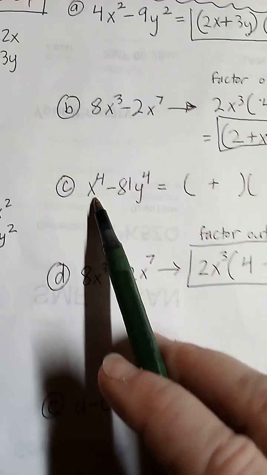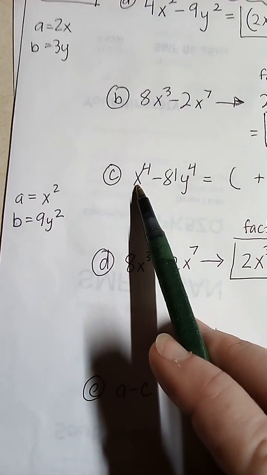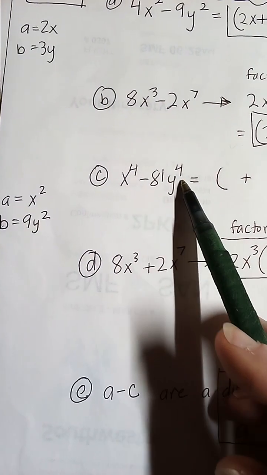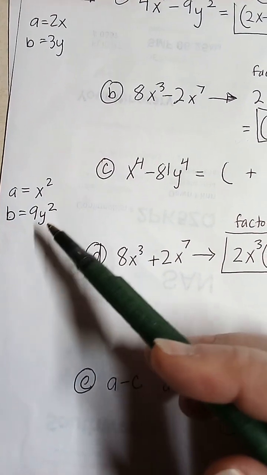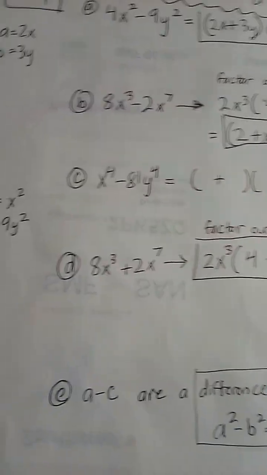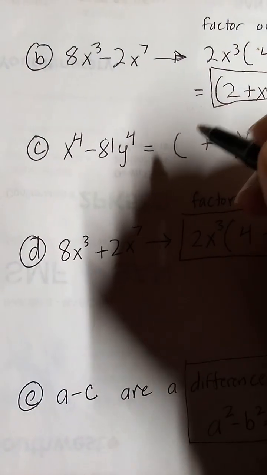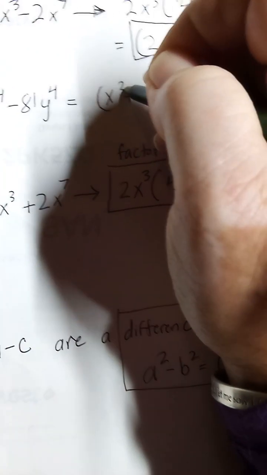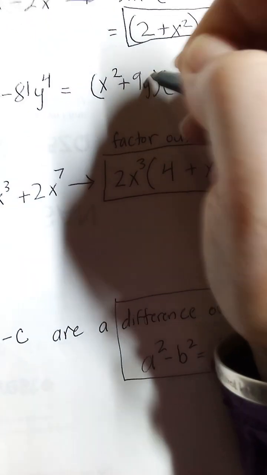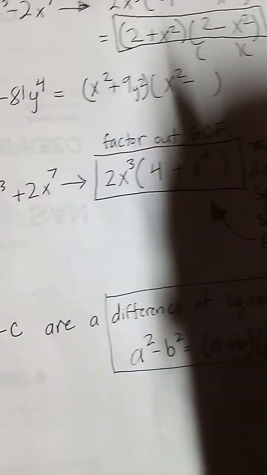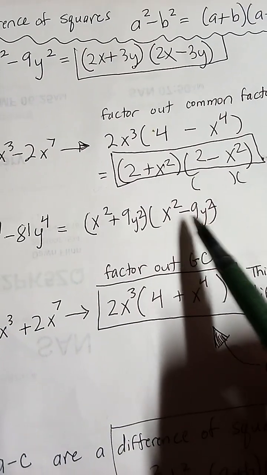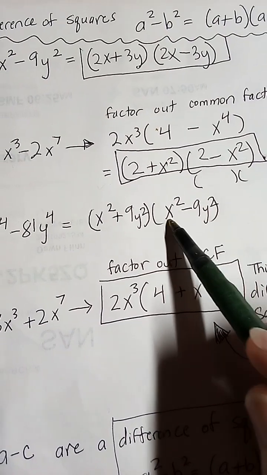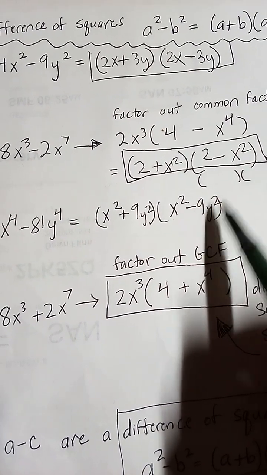Okay, the next one, I have a perfect square of x to the fourth and a perfect square of 81y to the fourth. So this will be x squared, and I'll just write it. Aha, this one actually gave me another perfect square, because x squared is a perfect square and 9y squared is a perfect square.